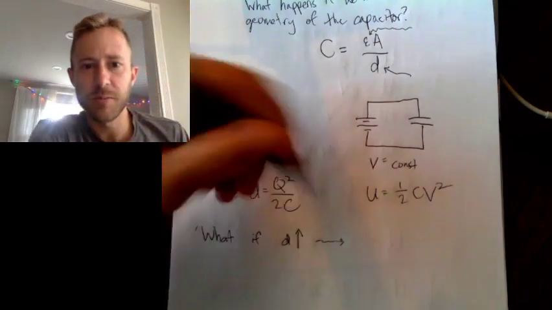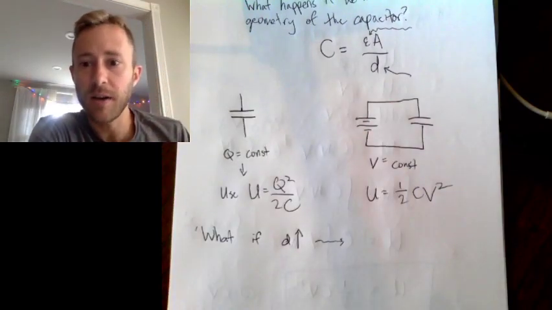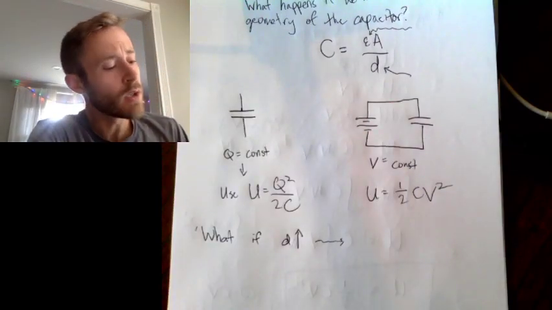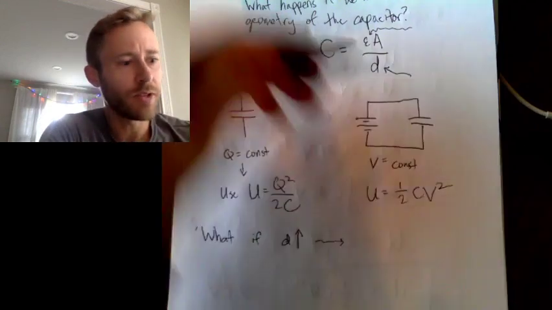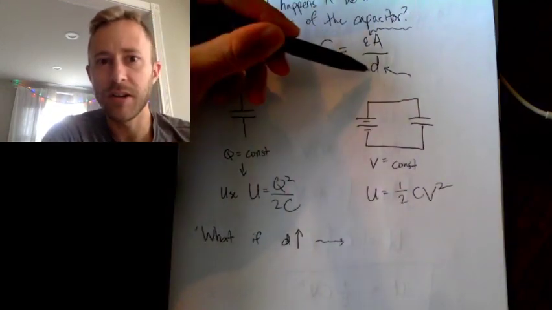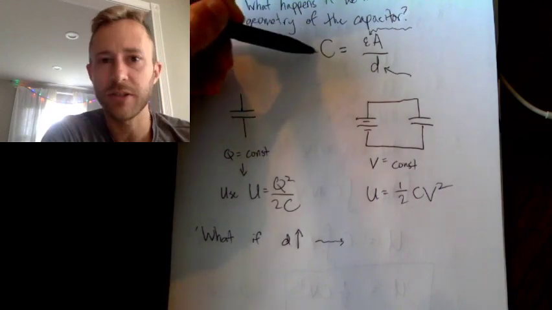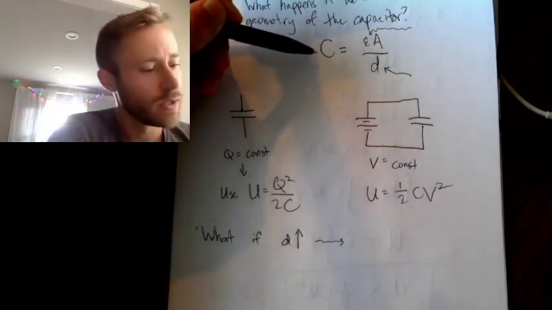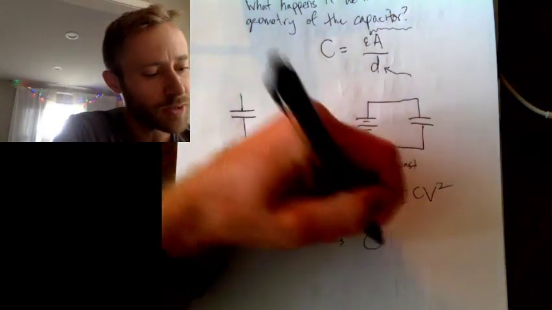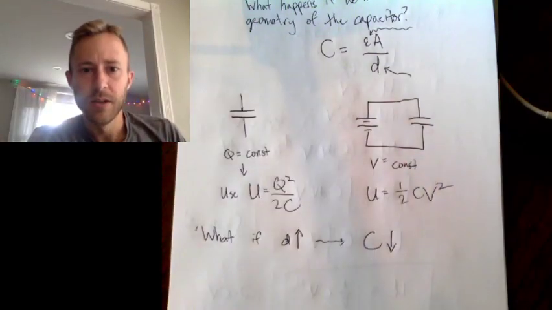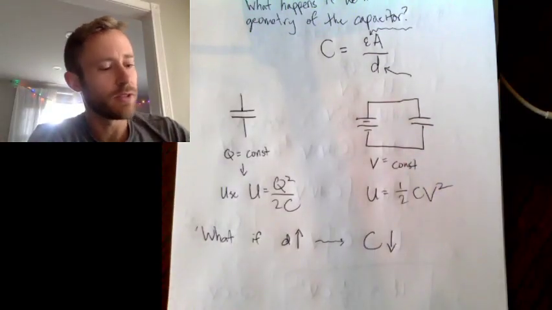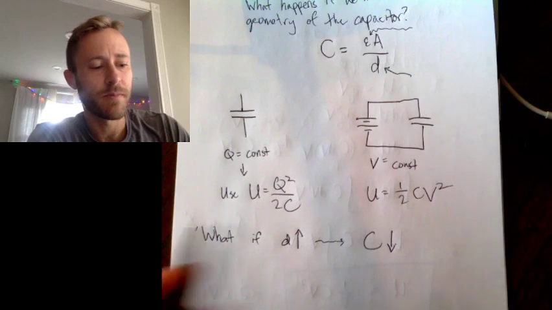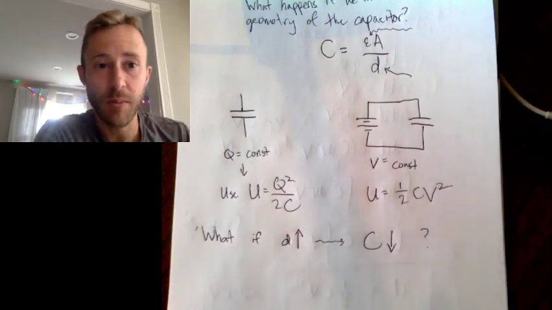If the distance between the capacitor plates goes up, then based on this equation, the denominator increases, so the capacitance is going to go down. So now, what effect does this have on the energy stored in the capacitor?